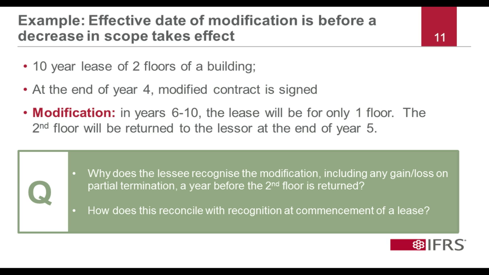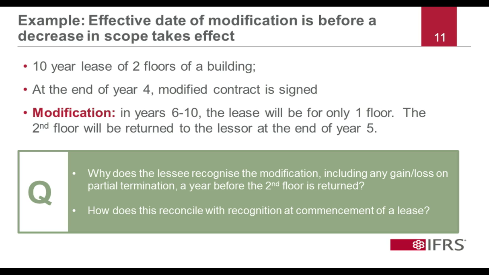Effectively, this means that from the effective date of the modification, all of the following have been reduced. First, the lessee's obligation to make lease payments. Second, the lessee's rights with respect to use of the underlying asset. And finally, the cost of the lessee's right of use.